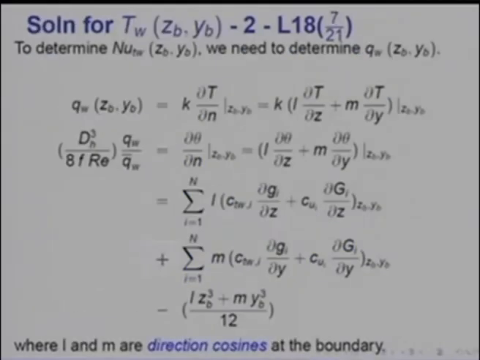But to determine the Nusselt number at the wall, which will now vary along the periphery, because T w is varying along the periphery, the heat flux would also vary along the periphery, because the wall temperature is varying. In fact, the heat flux would vary in a non-circular duct.